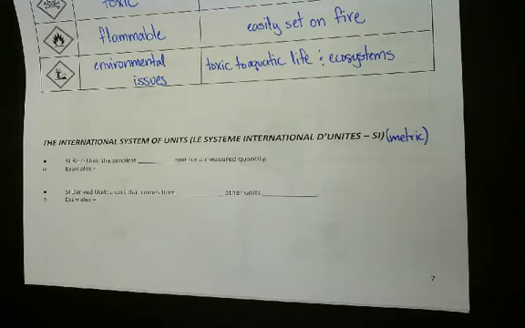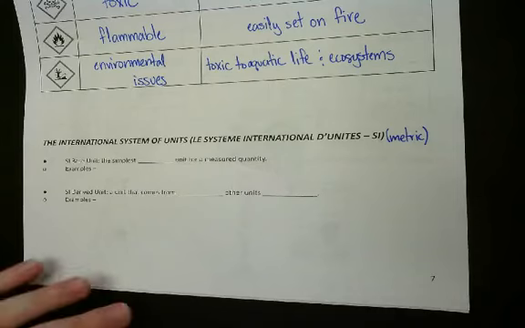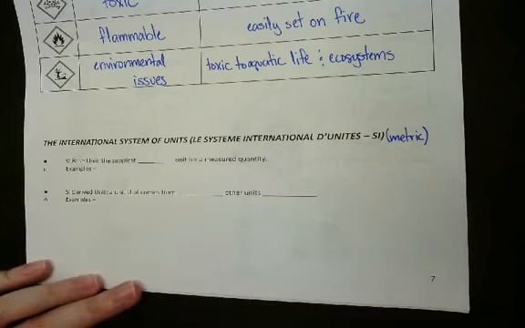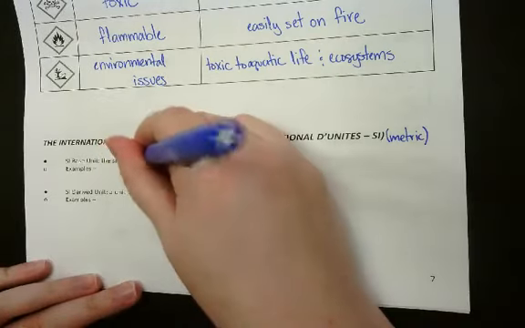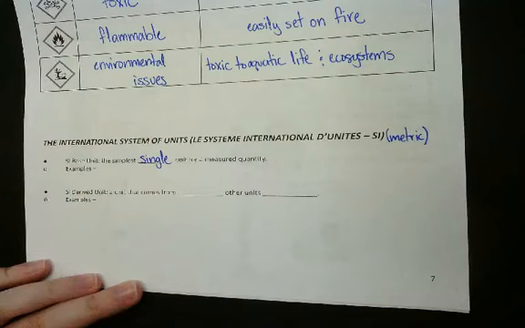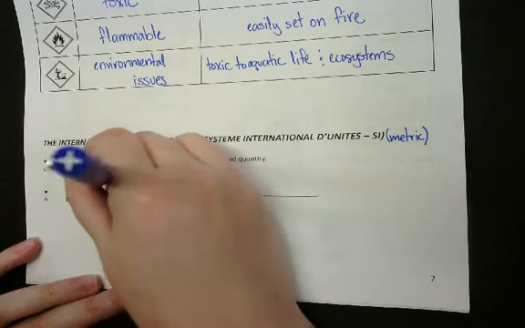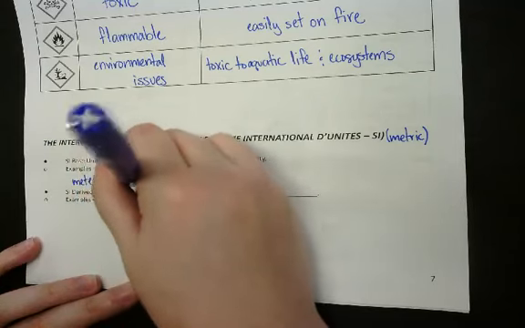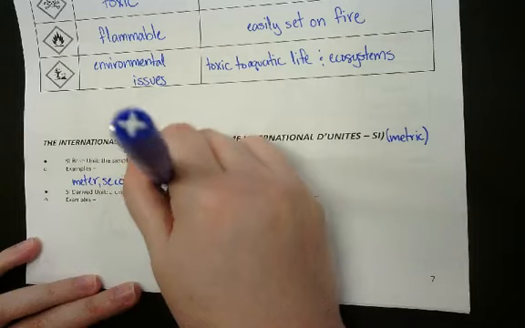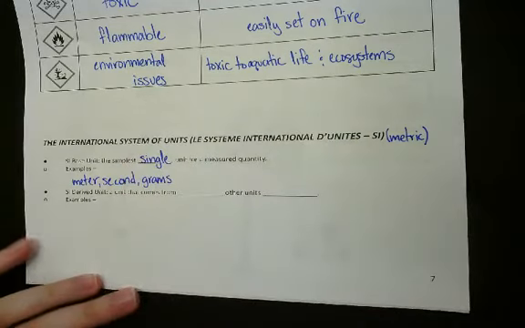Alright, so there are two categories of units inside the metric system. The first is an SI base unit. This is just the simplest single unit for a measured quantity. So that means it's going to be something like a meter, second, grams, just a single unit.